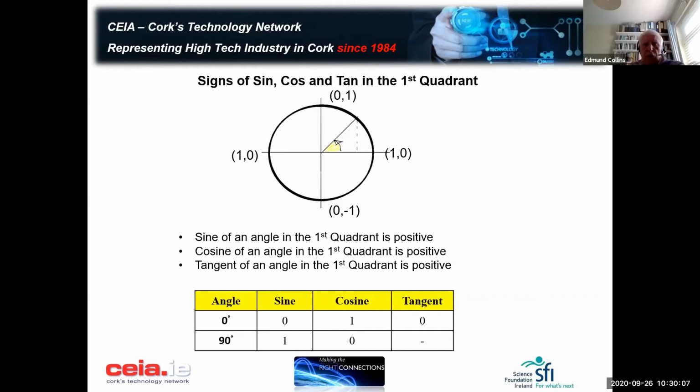If we're at 0, then the sine of an angle, as we've seen previously, is the opposite over the hypotenuse. If you could just envisage that radius moving back down to sit on the x-axis, then the vertical component of that triangle is getting smaller and smaller. It's actually going to 0.